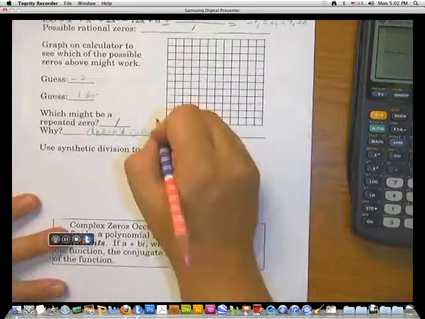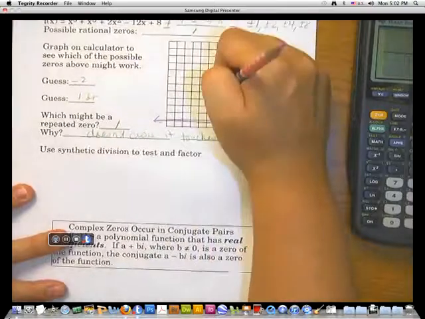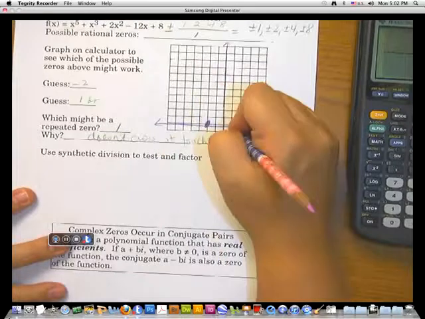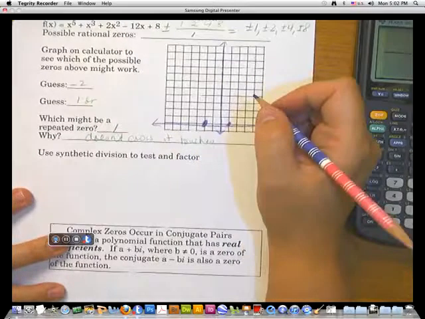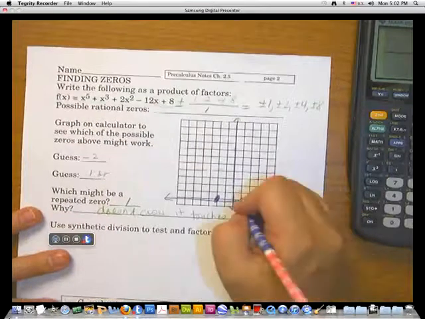Alright, so let's just do a quick sketch of the picture that we have at negative 2 and 1. And we know the y-intercept is going to be 8 just because that's what the constant is.